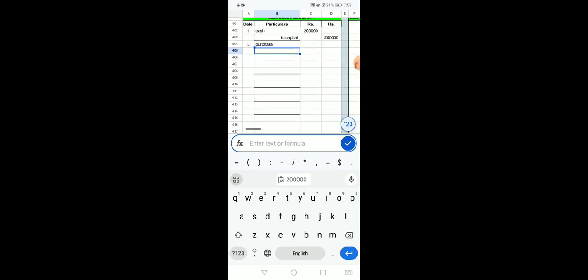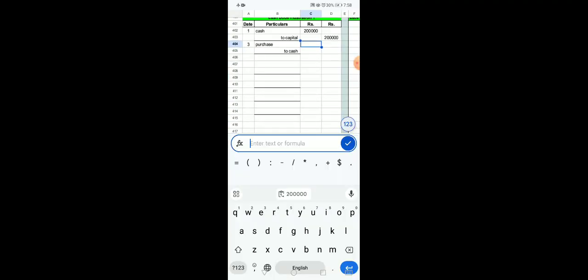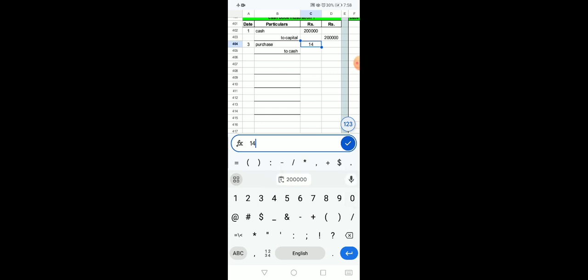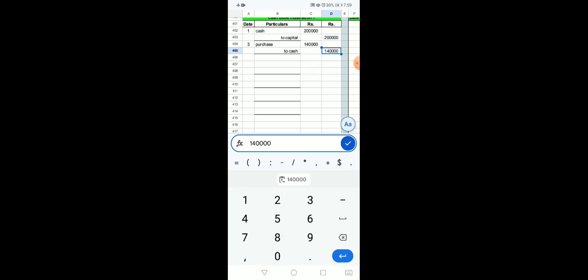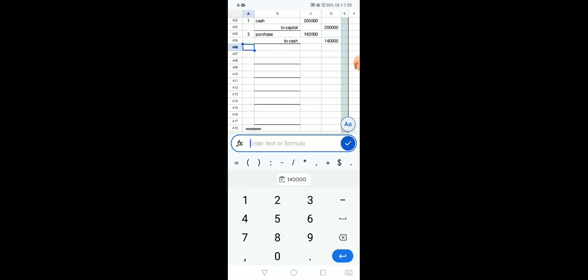Decrease in asset should be credited, so you will mention cash on the credit side. Let's see the amount of the third entry, bought goods for cash. It is 1,40,000. So you will mention 1,40,000 on the debit side, and the same amount you will write on the credit side. In this way, entry number 3 is completed.